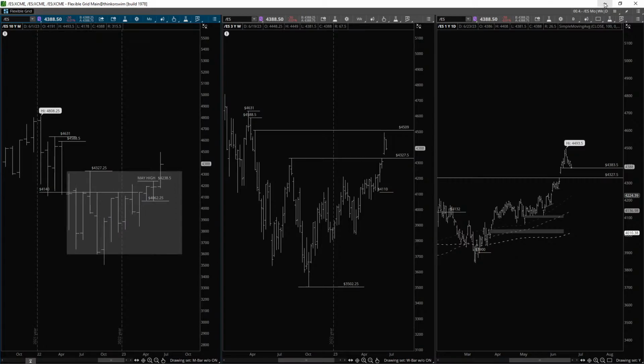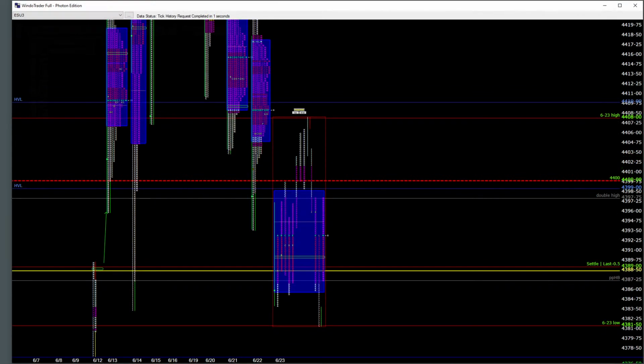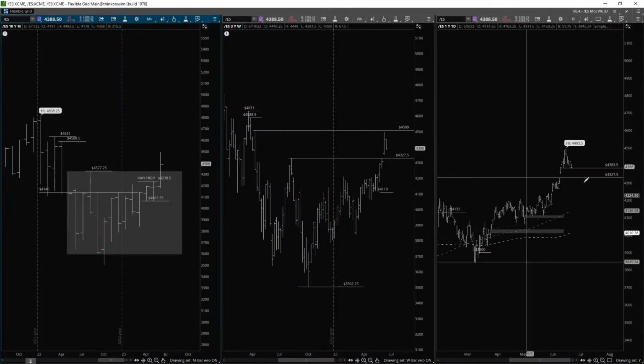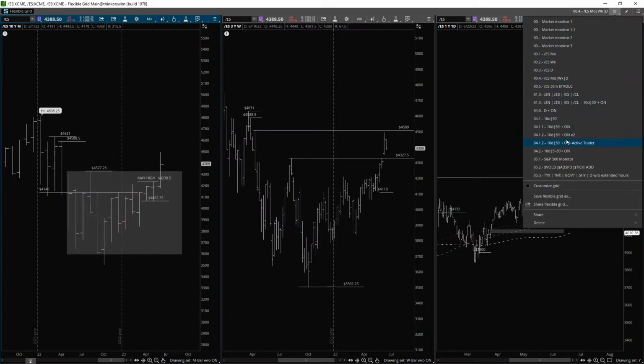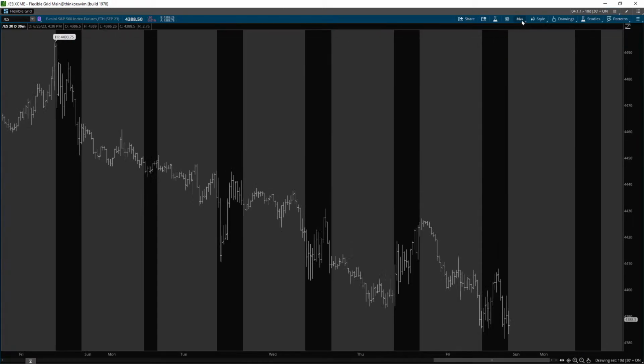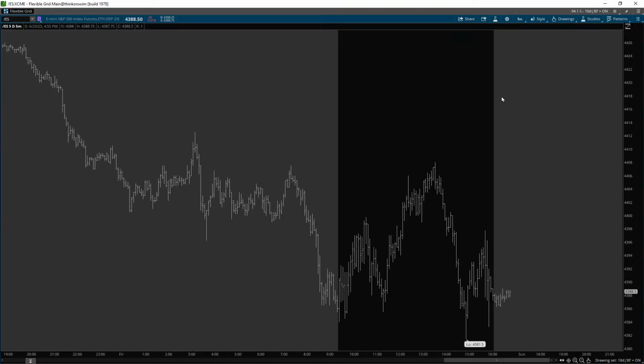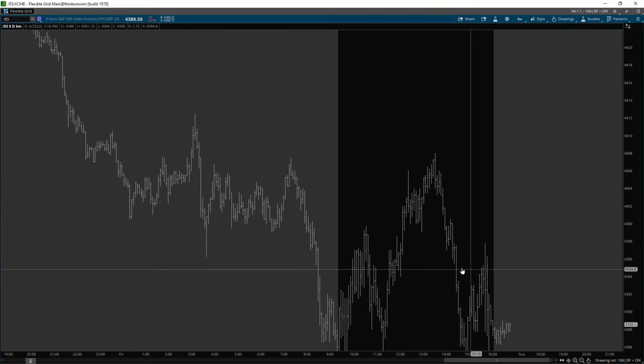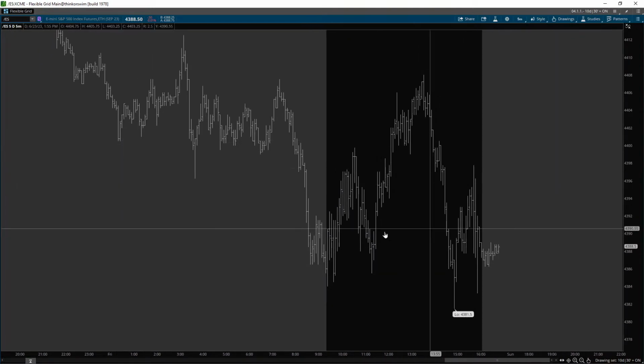What is the doom of many traders is that they don't look at that. They just get lost in the 5 minute chart. You have no idea what the market is doing.